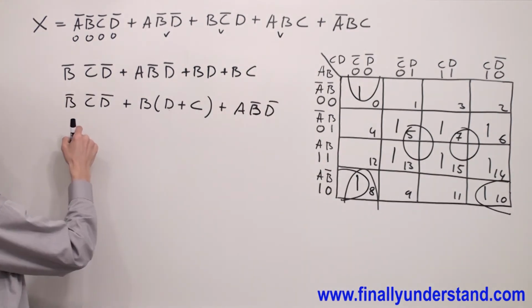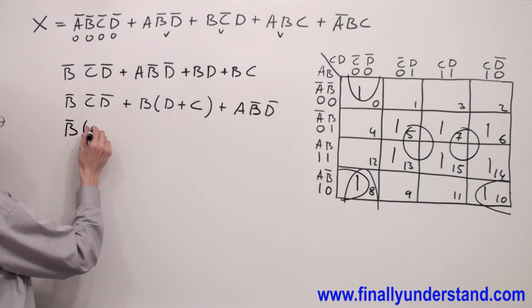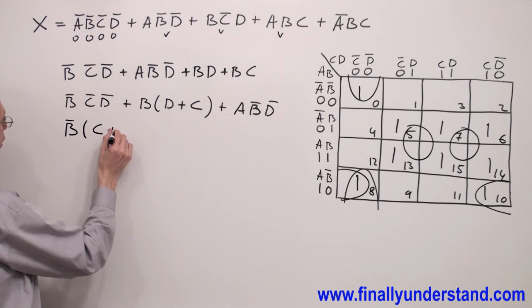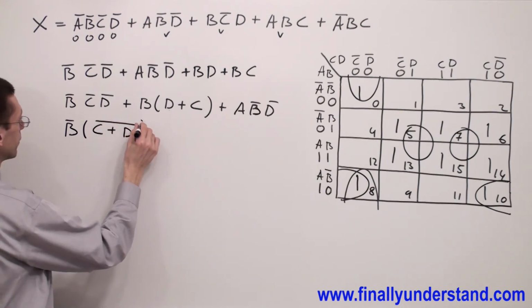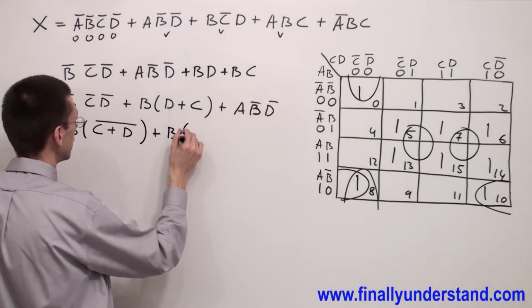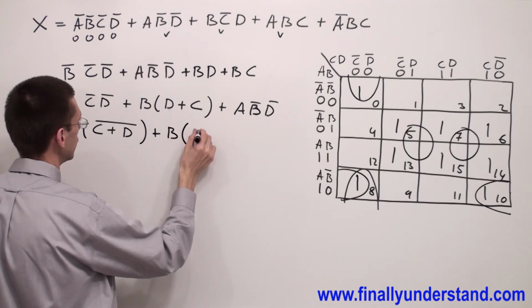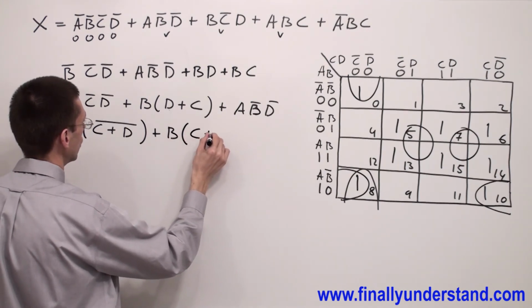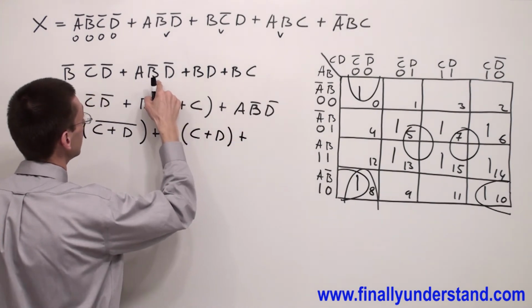Now, I can use De Morgan's theorem and say that this is B naught and C NOR D, or I have B, and I can change the order of these two variables, so this is C or D. Copy down whatever I didn't use.